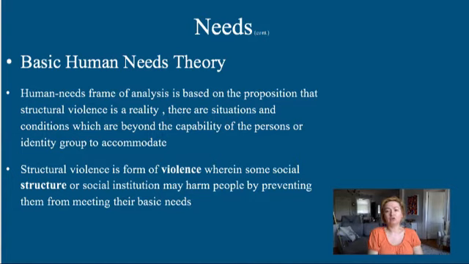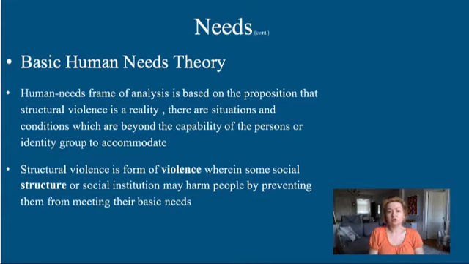So structural violence, as we know, is a form of violence when some social structure or social institution may harm people by preventing them from meeting their basic human needs. What kind of examples do we have of this?